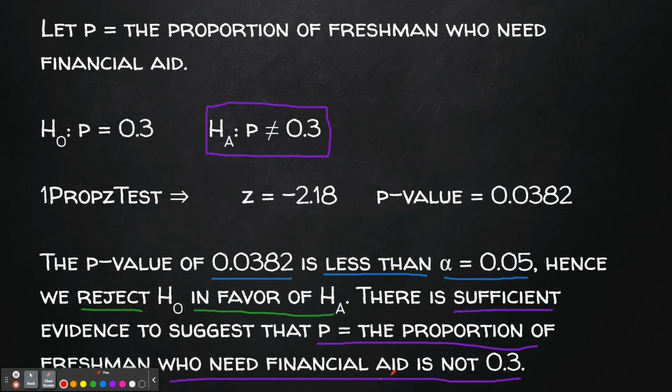Notice here, I'll put it in red, that this last part mimics what's in the alternative, not equal to that 0.3 or that 30%. That second sentence, again, is the decision in context of the alternative hypothesis.